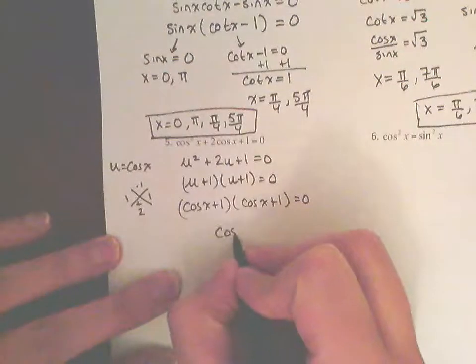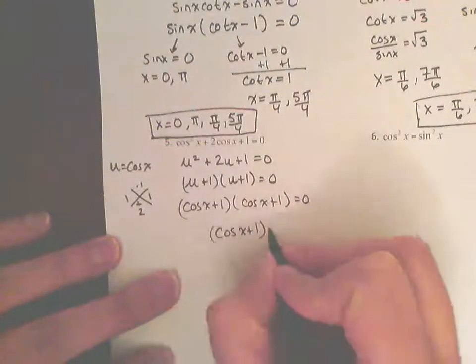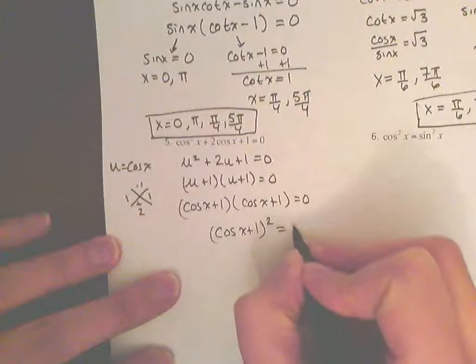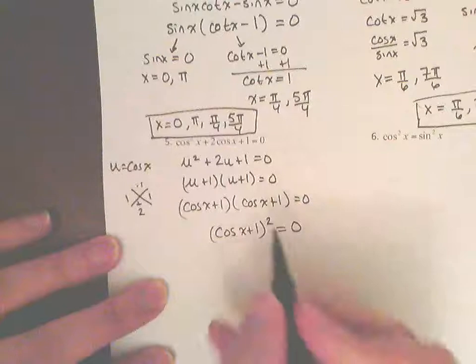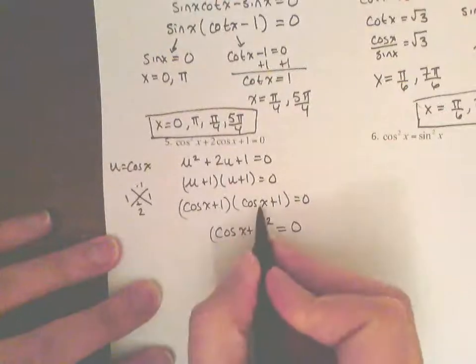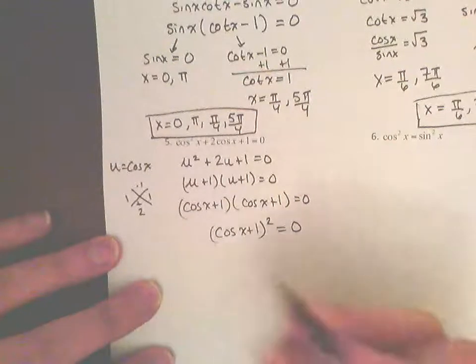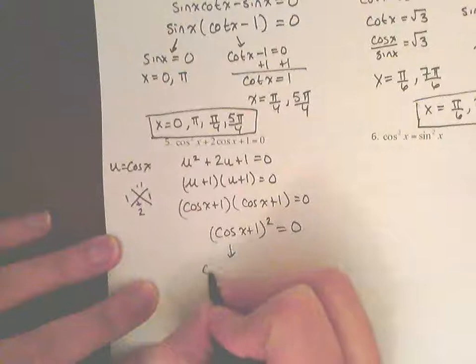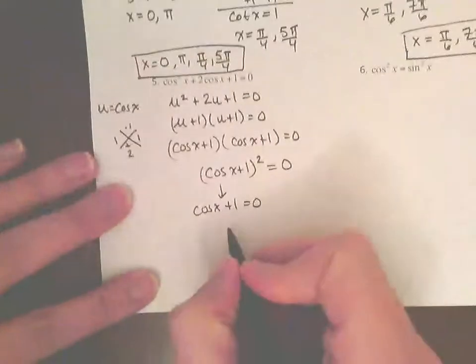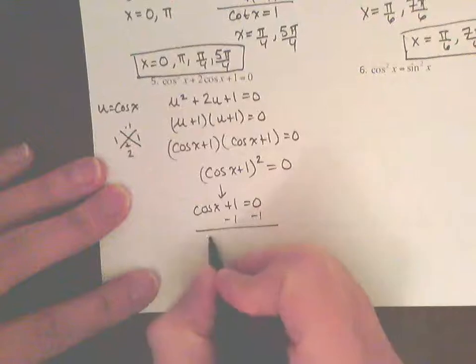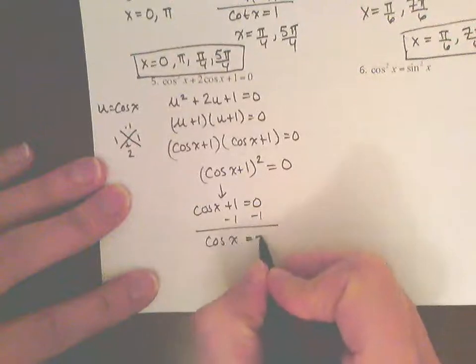So I'm going to set it up as cosine of x plus 1 squared equals 0, because that's exactly what I have. Now, with the zero product property, remember, if you have two of the same, you only have to solve one of them. So cosine of x plus 1 equals 0, minus 1, cosine of x equals negative 1.